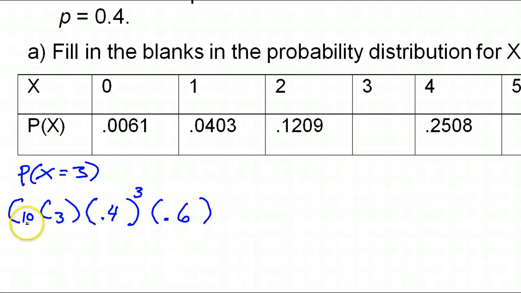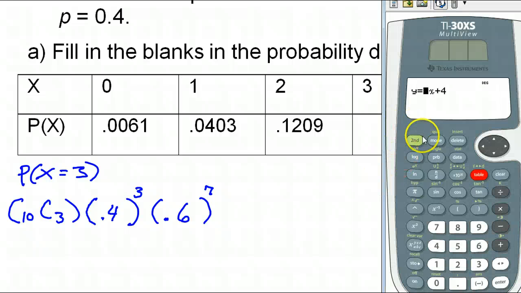Well, if we know there's a total of 10 chances, and we have 3 successes, then how many failures will there be? Kayla? If there's a total of 10 and there's 3 successes, how many failures must there be? 7. Clearly it's going to be 7 failures. So, probability of failure to the number of failures. And then you just put that in your calculator.